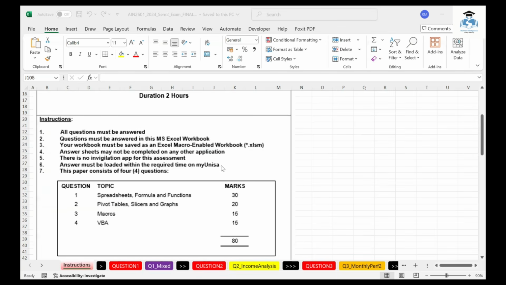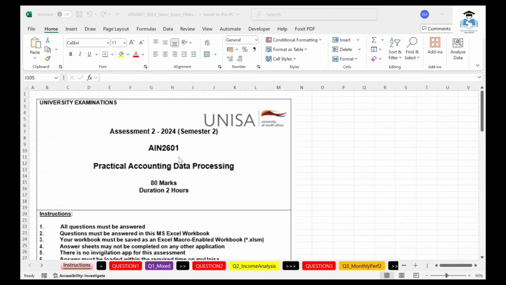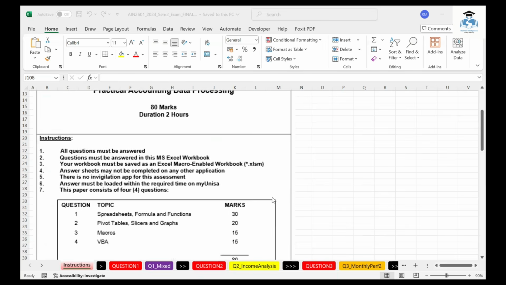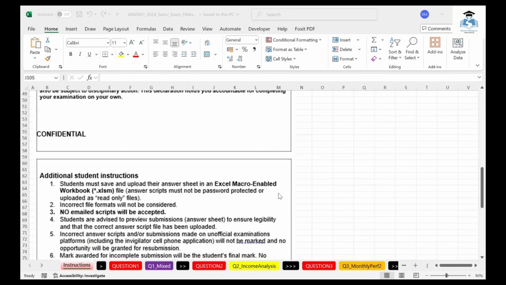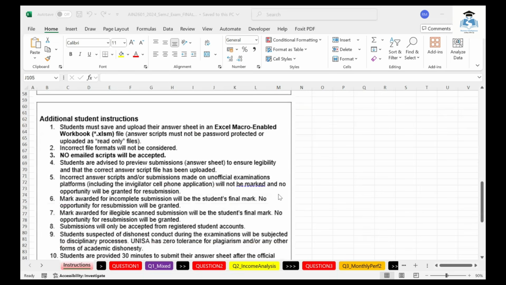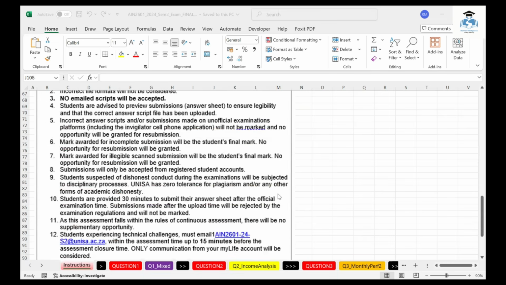So normally they will give you one Excel sheet like this. As you can see, they'll give you this one Excel sheet, and you need to know how to type. So those who don't have laptops, please make sure that you will be able to. So you are provided 30 minutes to submit your answer sheet.